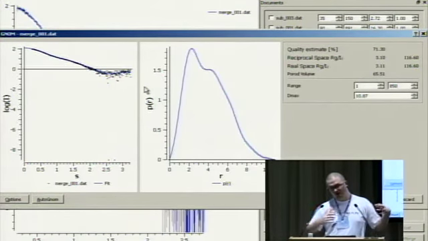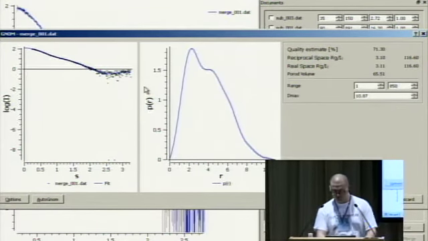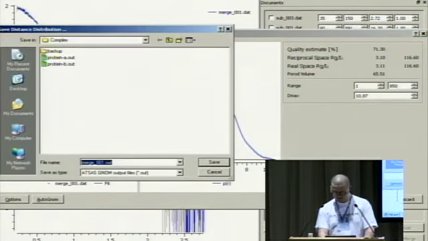Gasbore will not account for this homogeneity of the density inside the protein, and Gasbore will make a more detailed model. So let's save it. That would be protein A high angles.